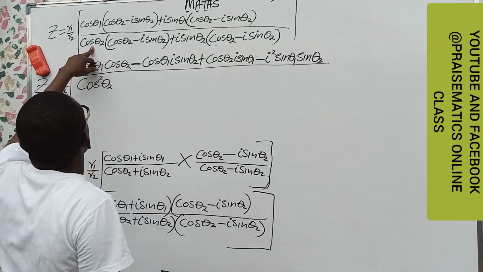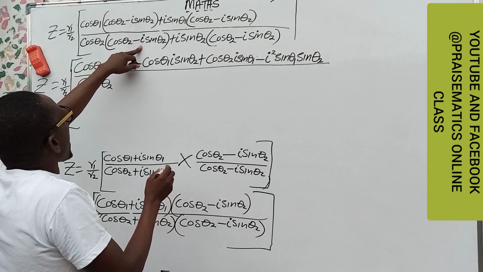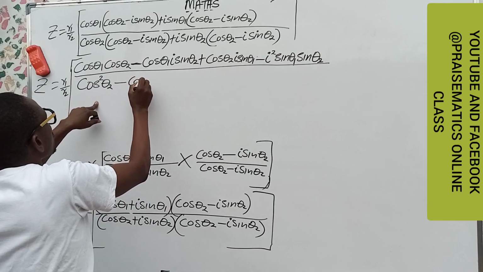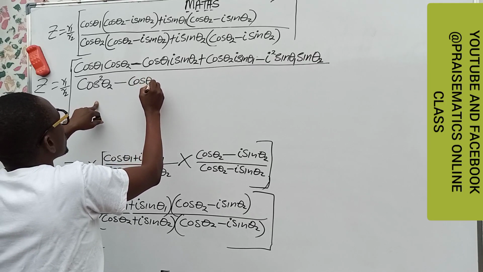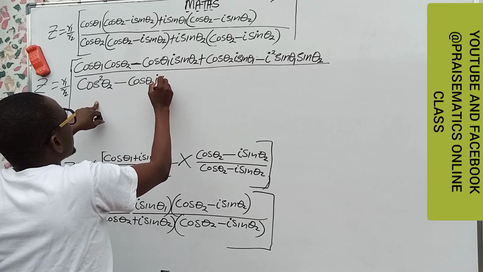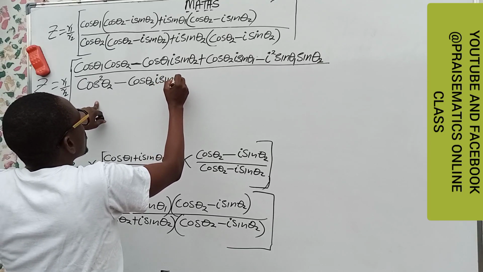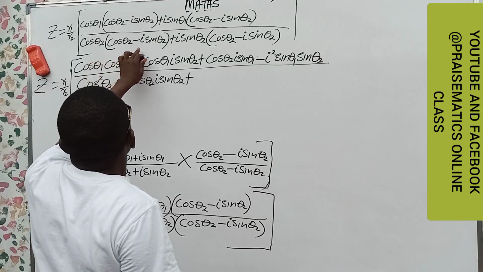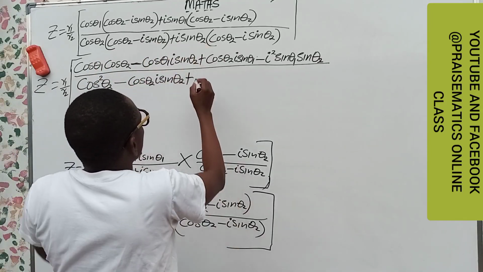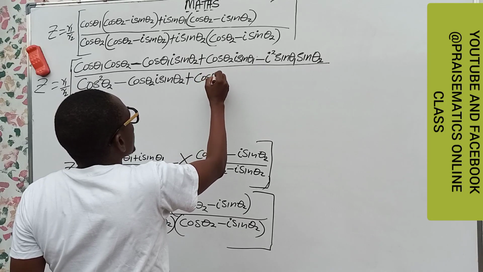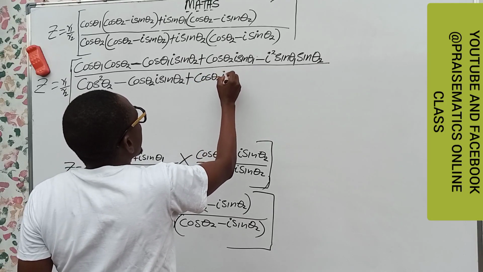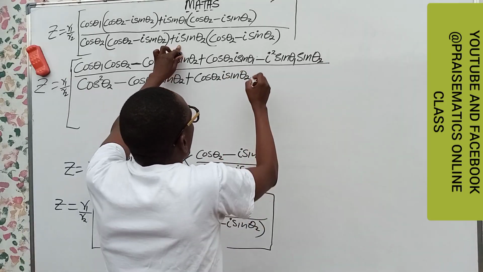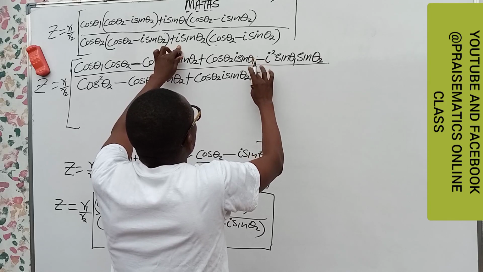Cos theta 2 multiplied by I sin theta 2 will give us minus cos theta 2 I sin theta 2, plus I sin theta 2 times this will still give us cos theta 2 I sin theta 2, plus, is it plus or minus?